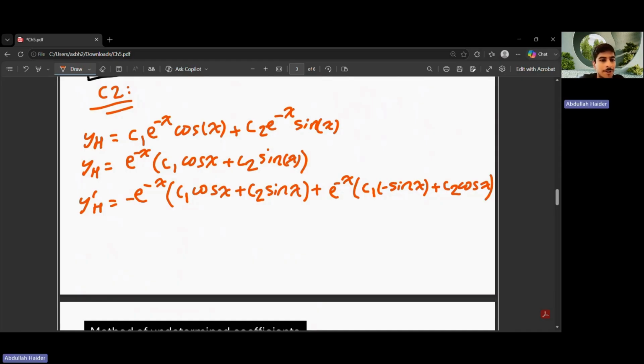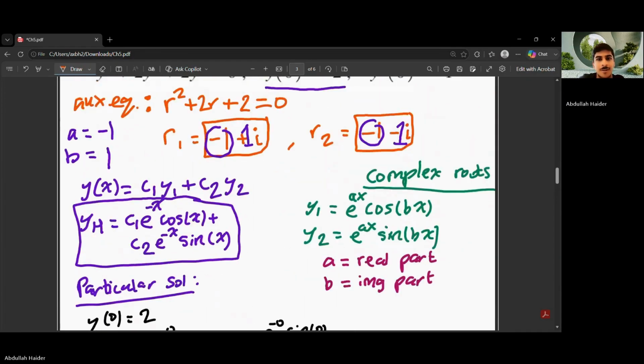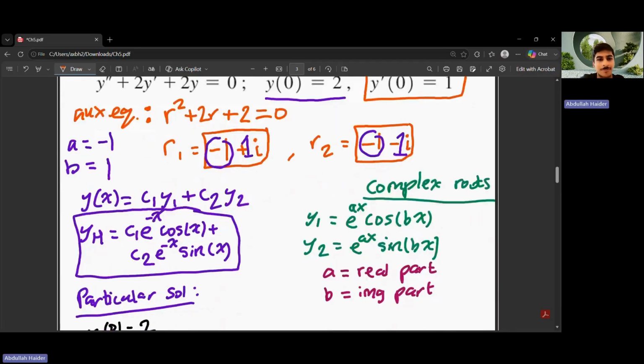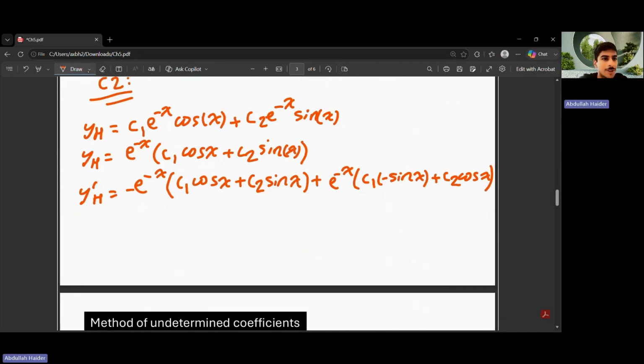So now when we substitute our second condition, y prime 0 is equal to 1. I put the 1 equals y prime, and I substitute 0 everywhere else.